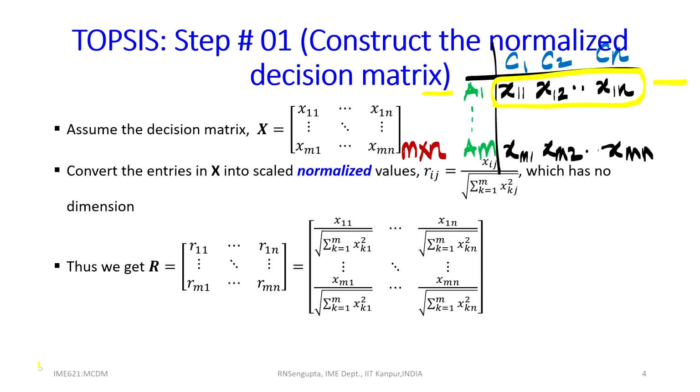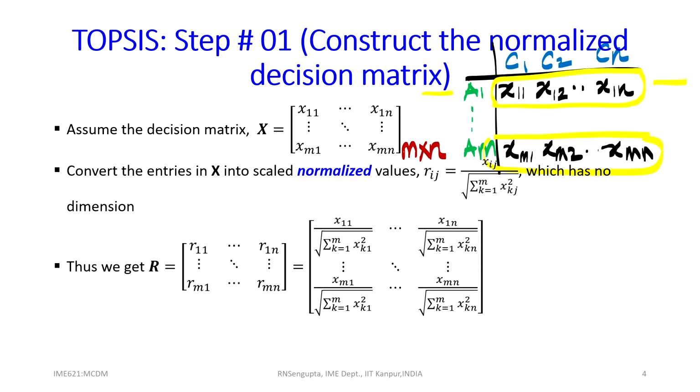This means that this set of benefits or points assigned by the criteria C1 to Cn correspond to alternative m only. That is why it is m cross n. If the number of alternatives and the number of criteria were the same, it would have been a square matrix.